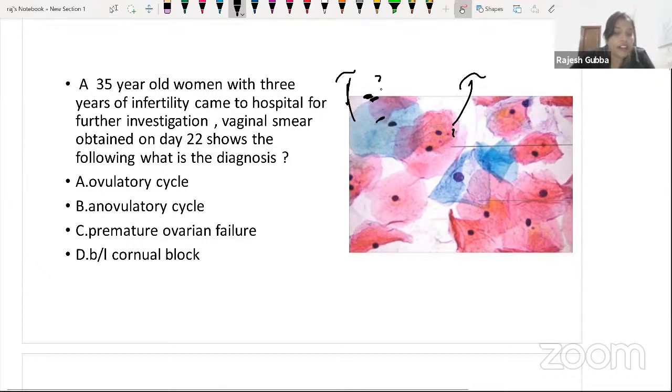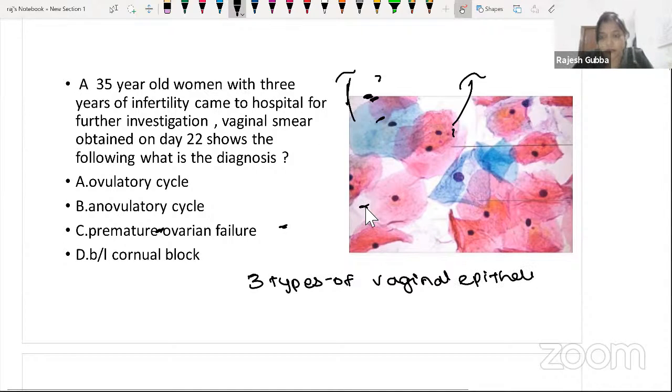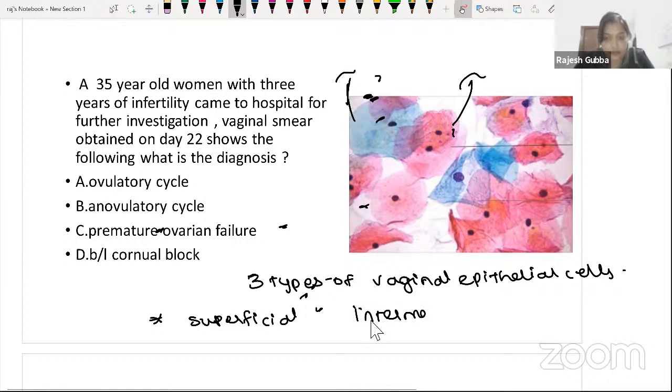We mainly have 3 types of vaginal epithelial cells: superficial cells, intermediate cells, and basal or parabasal cells.